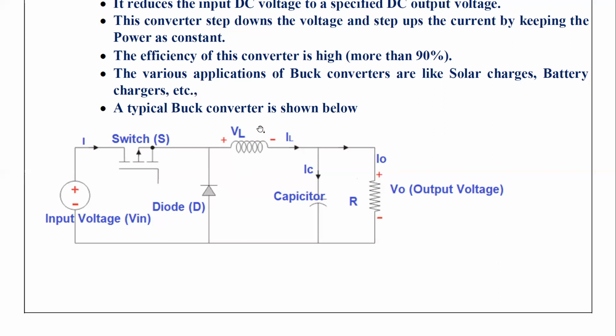And the property of the inductor and capacitor we know very well. The inductor doesn't allow sudden changes in the current, and the capacitor doesn't allow sudden changes in the voltage. It doesn't allow sudden changes in current, but it allows gradual changes. That means it takes a time constant, 5 time constants.